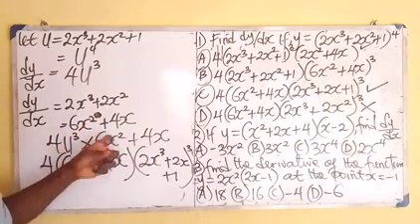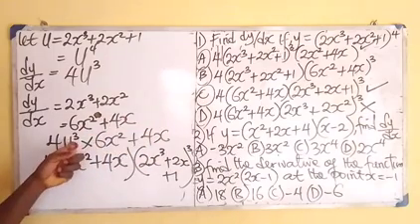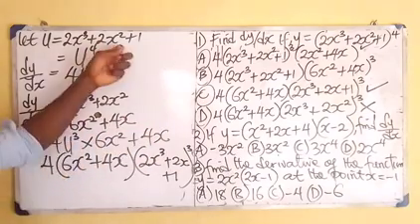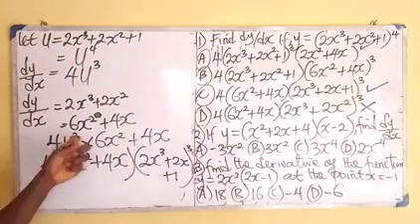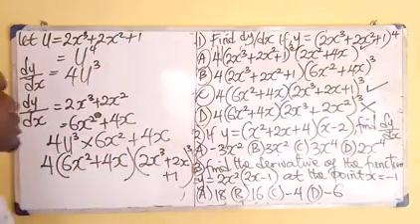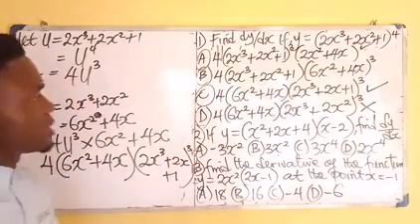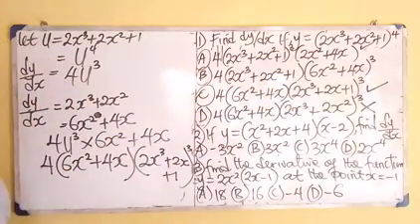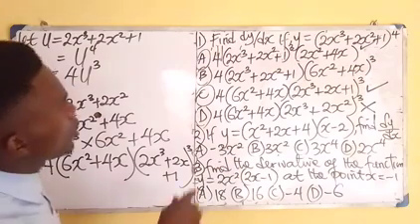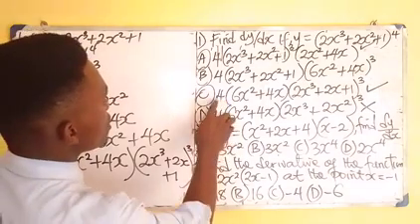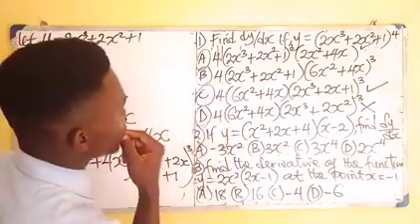So 4 times this. Don't forget, let u be this, so put it here and the power is 3. So the answer is option C. I believe that is clear enough, right? So, okay, what is the difference between option C and B? Let's check very well.